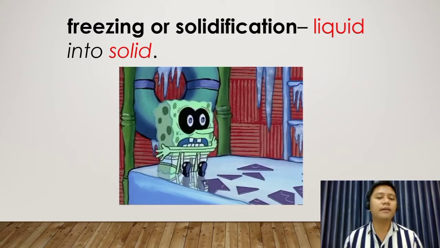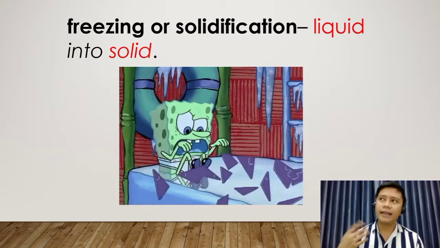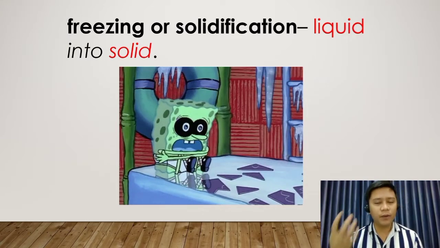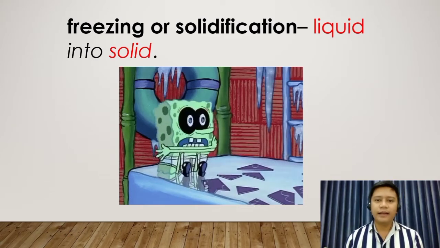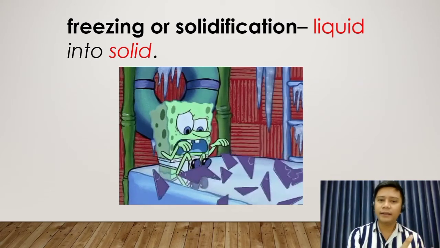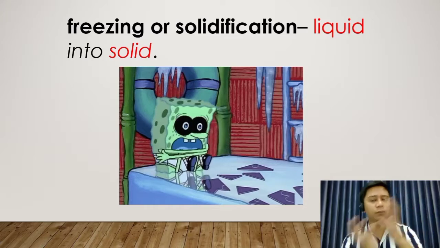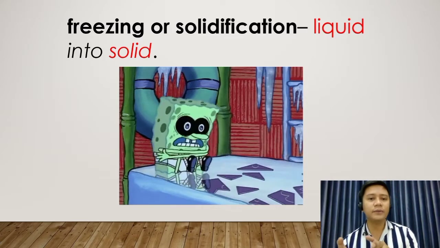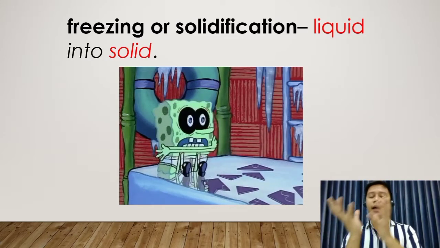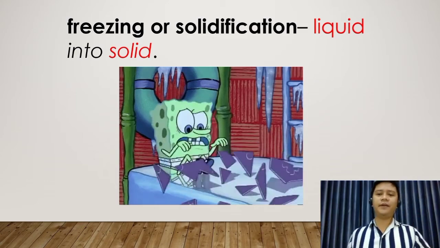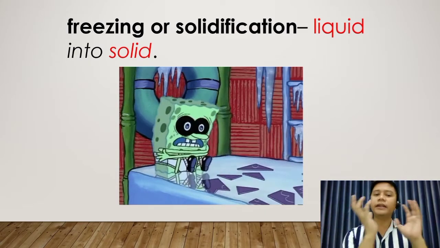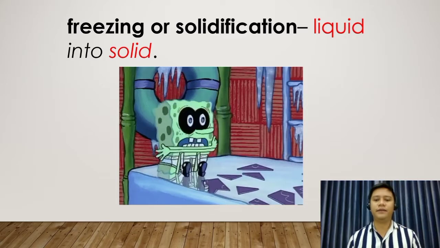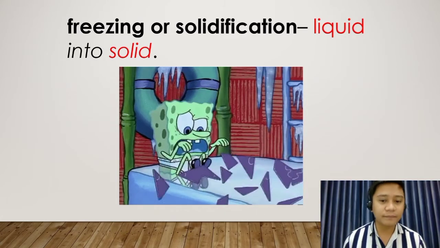The best example for this is an ice. A water will become an ice. Unlike melting, where ice will become water, this one is water will become ice. So the liquid is the water and the solid is the ice. Very good. Did you understand?